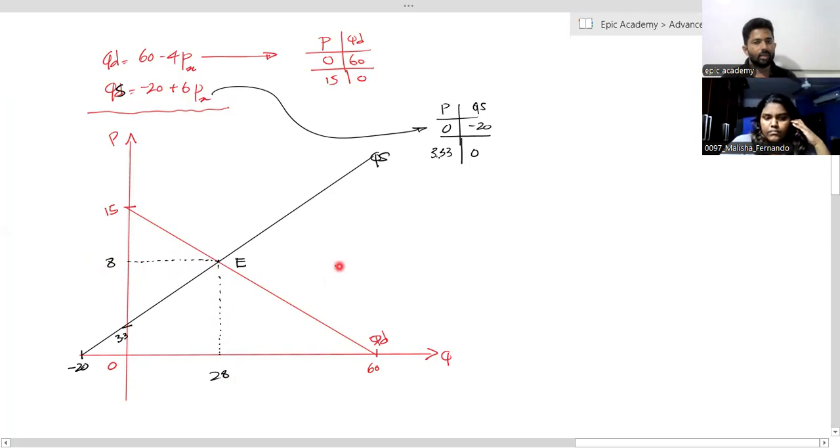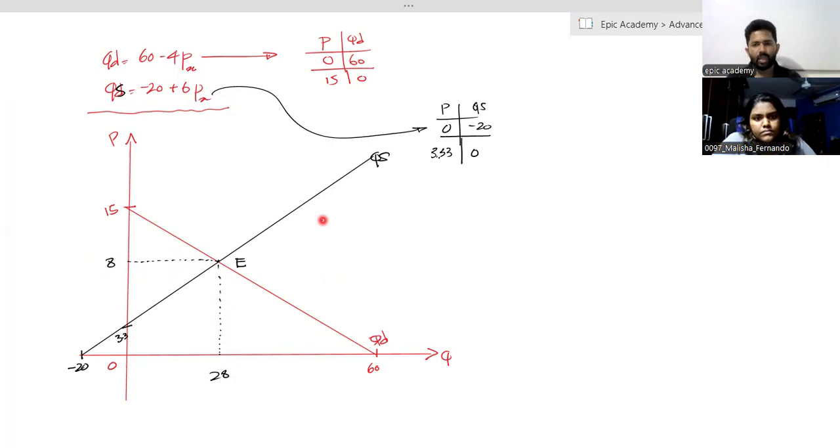But in the question, they are not asking for the equilibrium position to be represented using a graph. But we are going to do that because if we have made any kind of error in the calculation, you can easily identify those errors. That is why I'm going to do that.